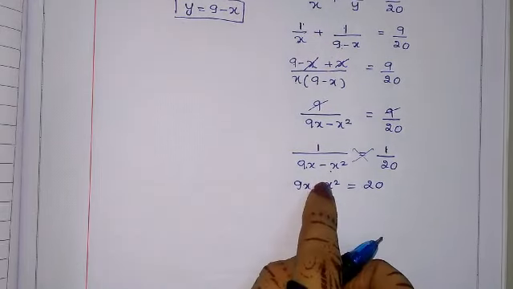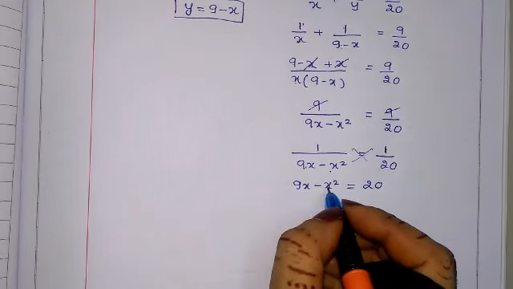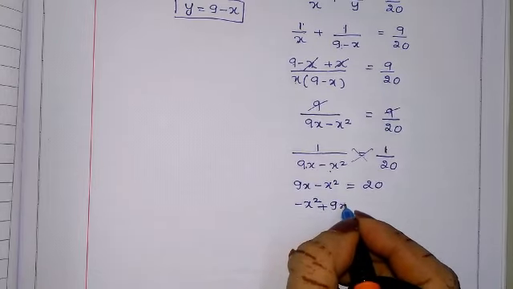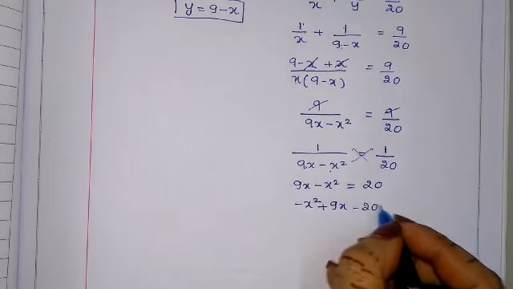Okay, so here I will change. We know that the standard form of a quadratic equation has x square first: minus x square as it is, plus 9x, 20 I'll bring here, minus 20 equal to 0.